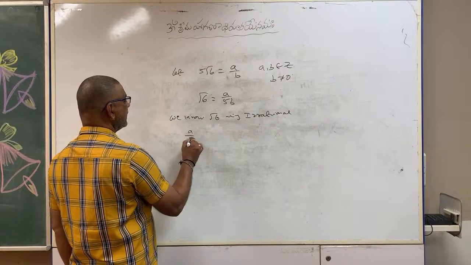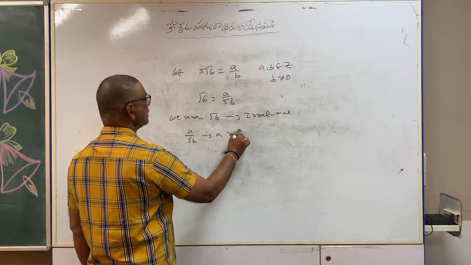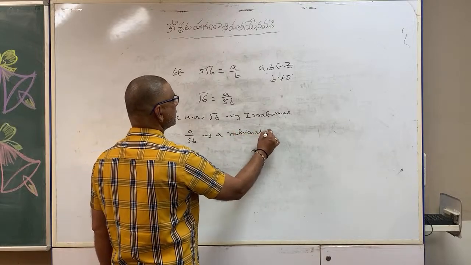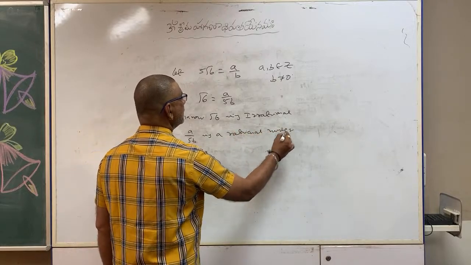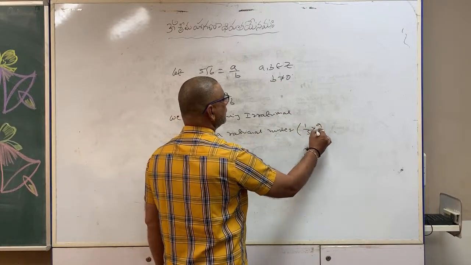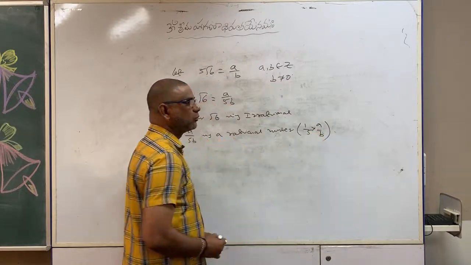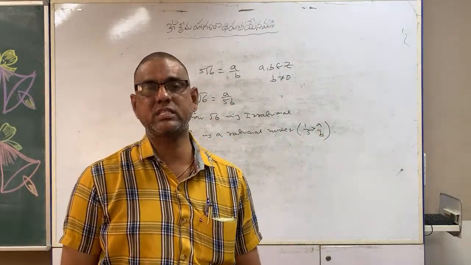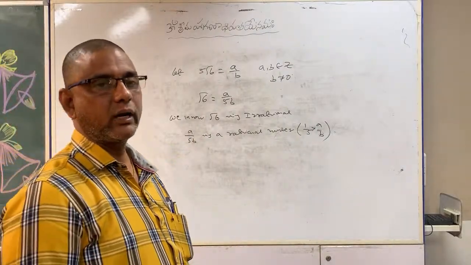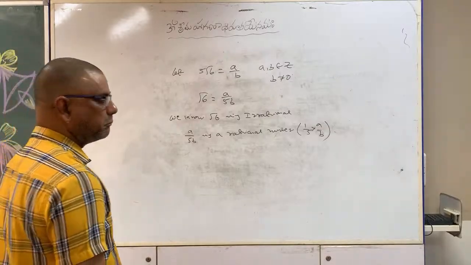Okay, a by 5b is a rational number. Product of two rational numbers is always a rational number.